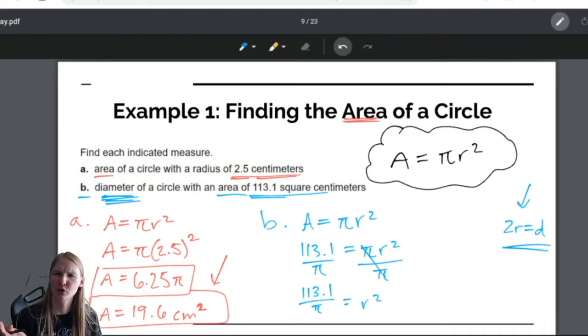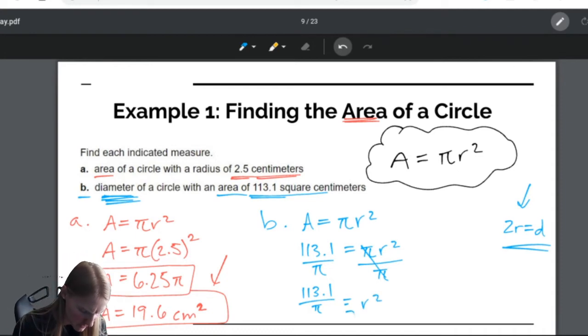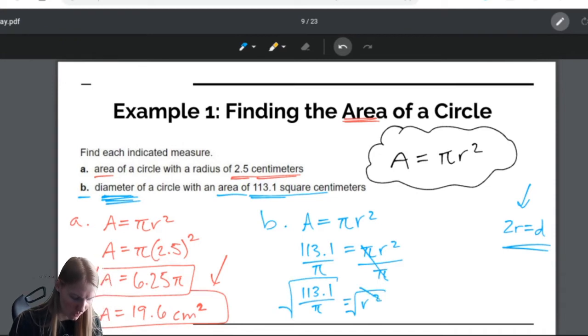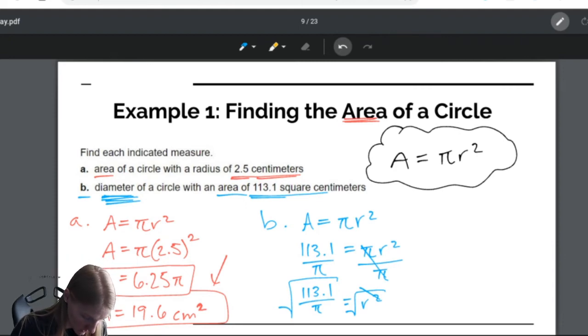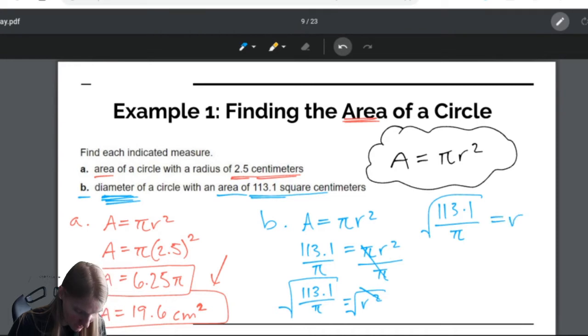How do I undo a square? I take the square root. So now, if you want an exact answer, it will be 113.1 over pi, the square root of all of that.